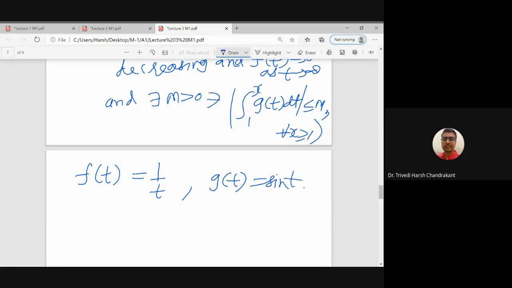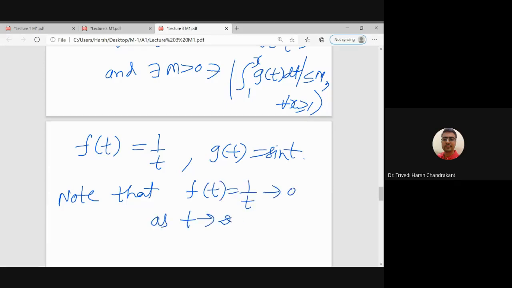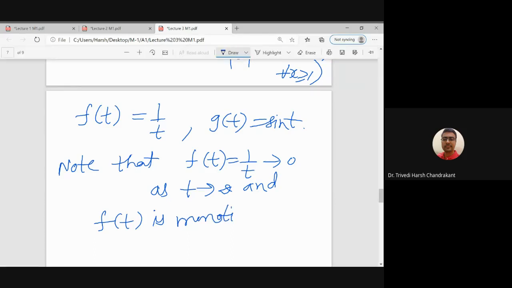So the first condition is satisfied. So note that f(t) equal to 1 upon t converges to 0 as t goes to infinity, and f(t) is monotonically decreasing.